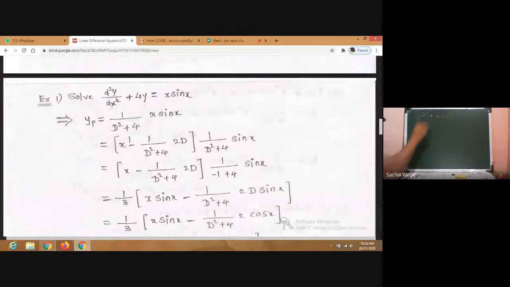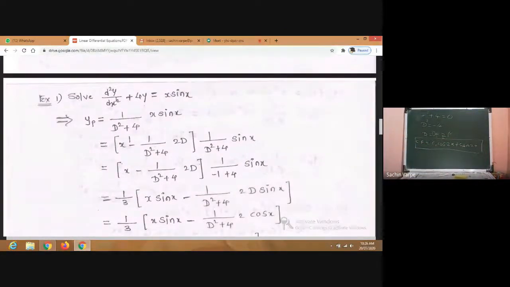So D square is equal to minus 4, so D is equal to plus minus root of minus 4, and that is complex, isn't it? Plus minus 2i. So with this complex root, where alpha, the real part, is 0, and the imaginary part is 2, we write the complementary function as e to the power 0x into c1 cos 2x plus c2 sine 2x. So this is the complementary function.